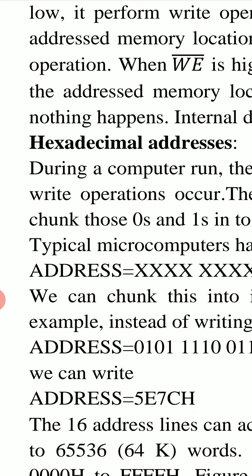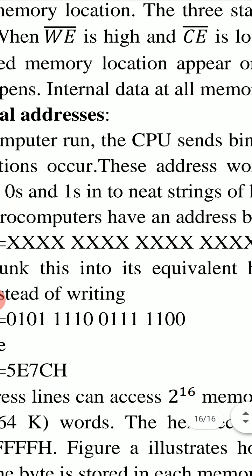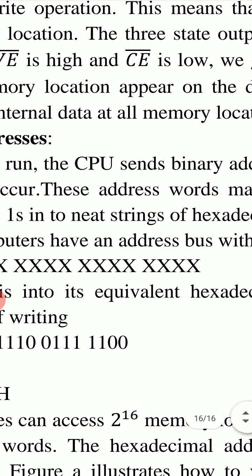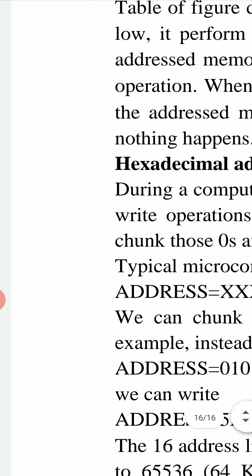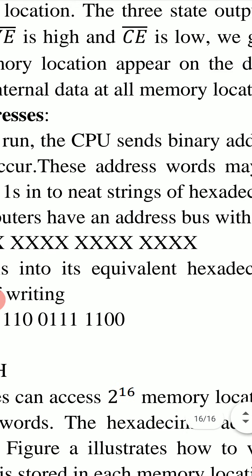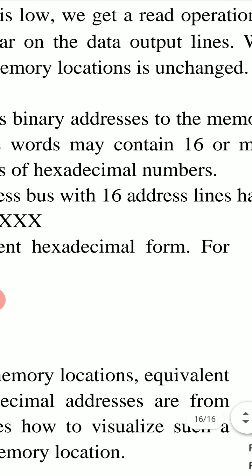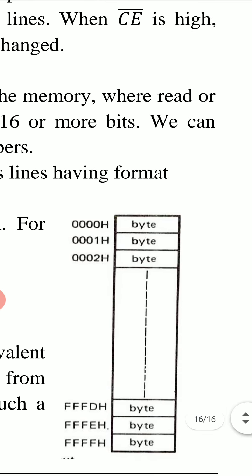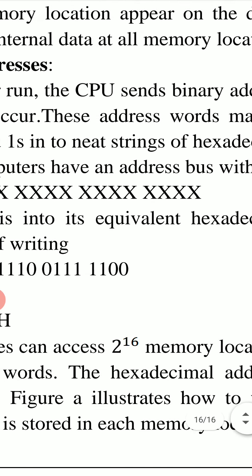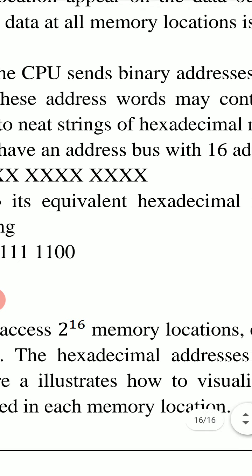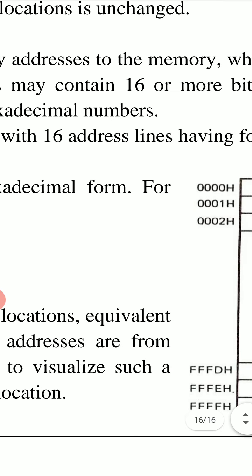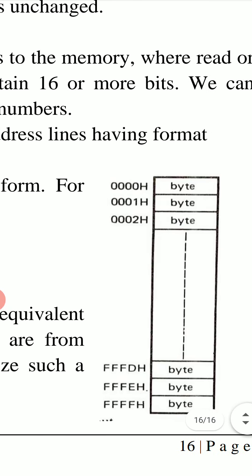Hexadecimal addresses. During a computer run, the CPU, the central processing unit of a computer, sends binary addresses to the memory where read or write operations occur. These address words may contain 16 or more bits.